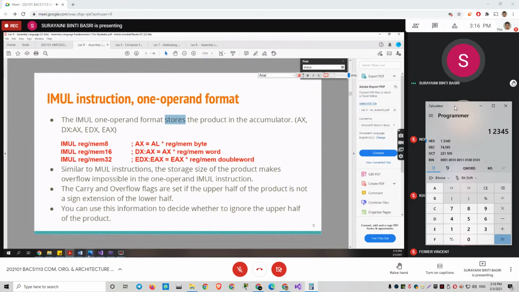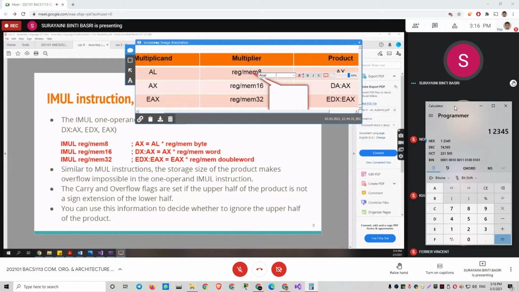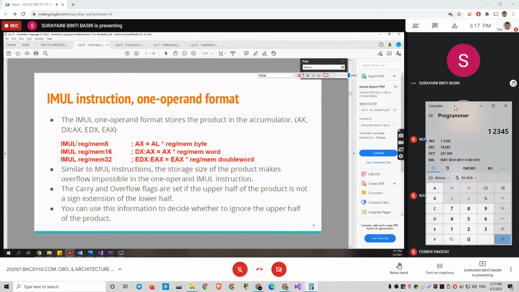It is the same with the previous MAL. So it stored the value inside AX, DX:AX, and EDX:EAX. The one operand IMAL is the same with the MAL previously.